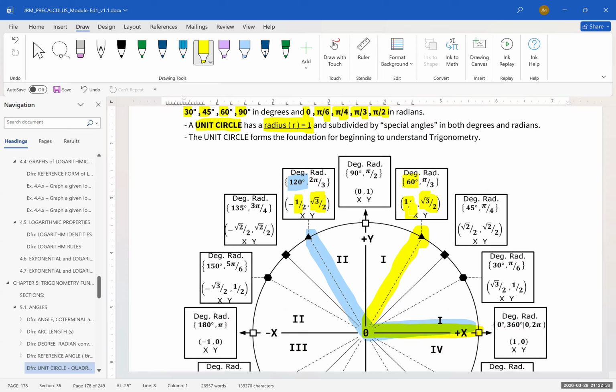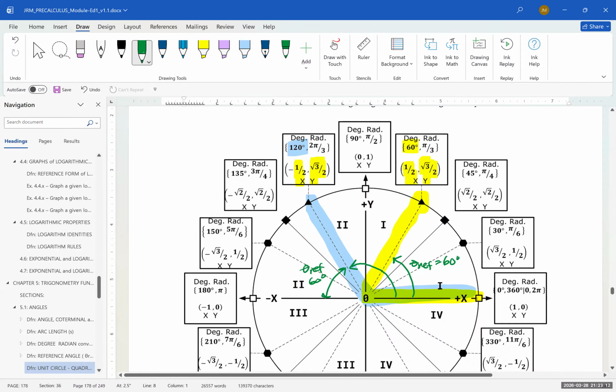So the x value was 1/2, and the y value was square root of 3 over 2. The reason these had the same fractions in the same place, in x and y, is because they had the same reference angle. Here's the reference angle for 60. And the reference angle for 120 was this angle here, and that too was 60.